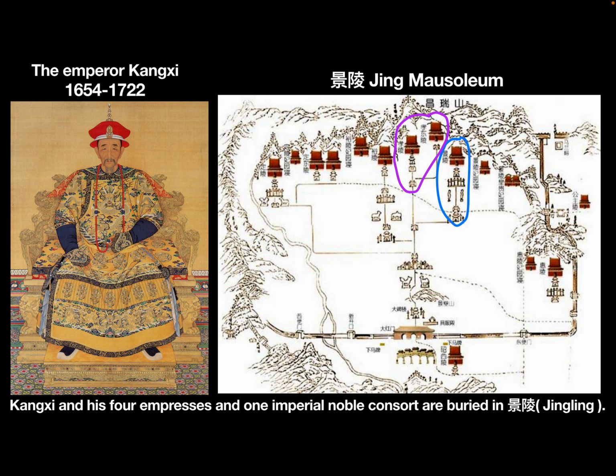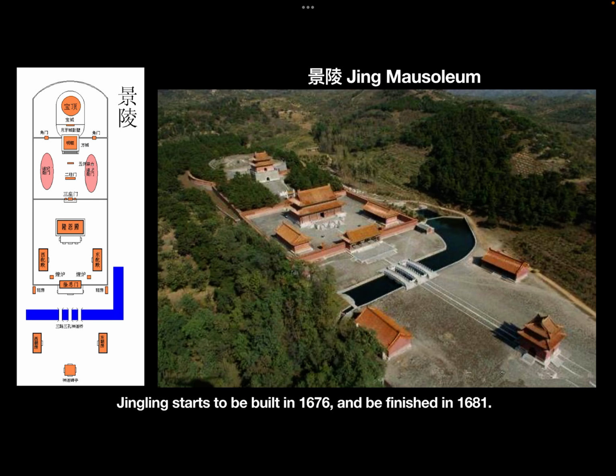Kangxi, his 4 empresses and 1 imperial noble consort are buried in Jingling. Jingling started to be built in 1676 and was finished in 1681.